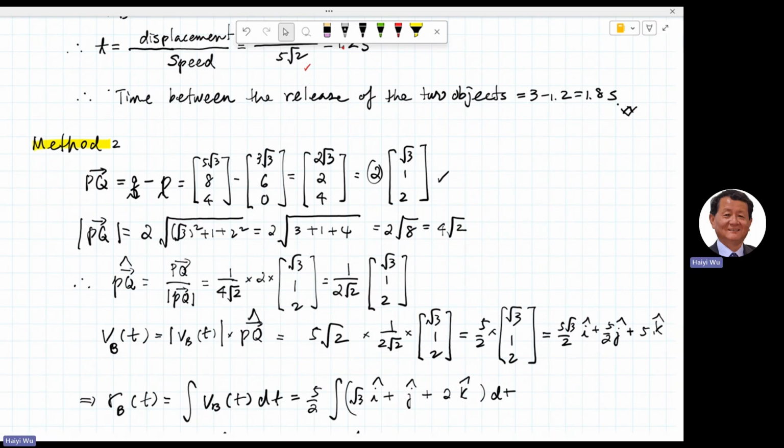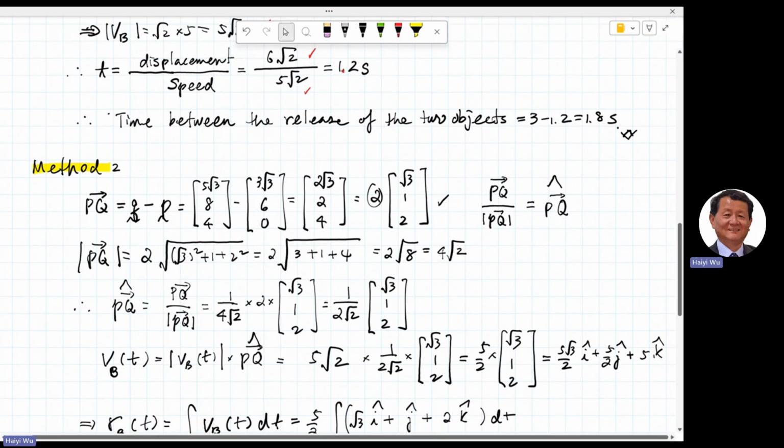Why a unit vector? The PQ unit vector is PQ divided by its magnitude. We call this the PQ unit vector, and we use a little cap on the top.